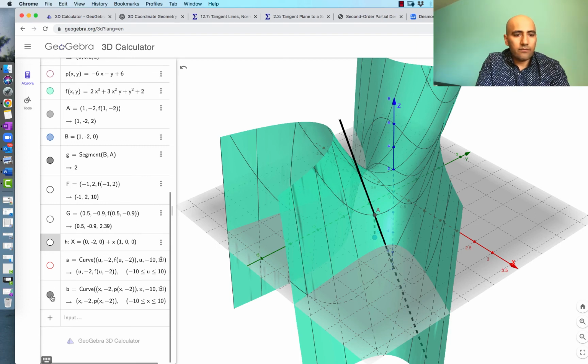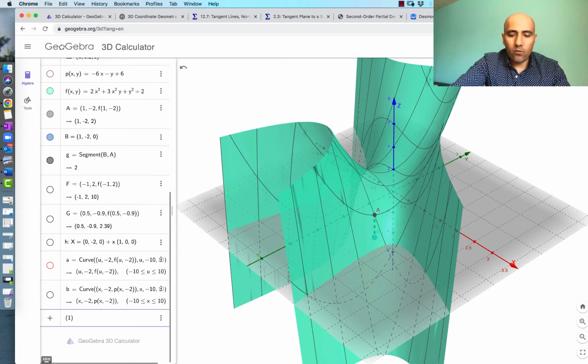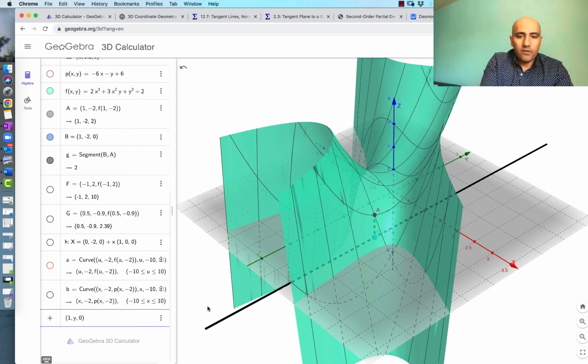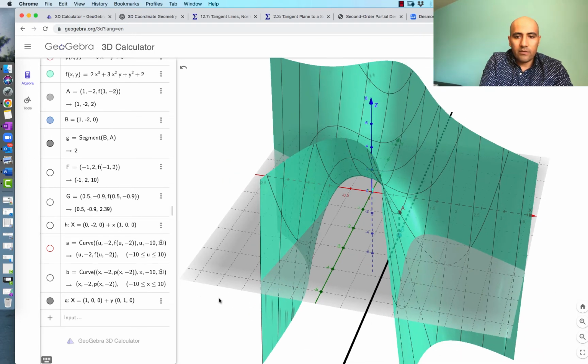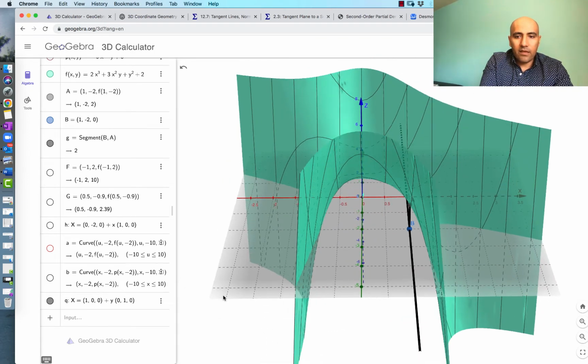Let's get rid of this guy. Okay, so now we want to think about input values where we hold the x constant at 1. The y is going to be free, and then we want to leave it on the floor so we can see the input values. So now let's twist it around this way.